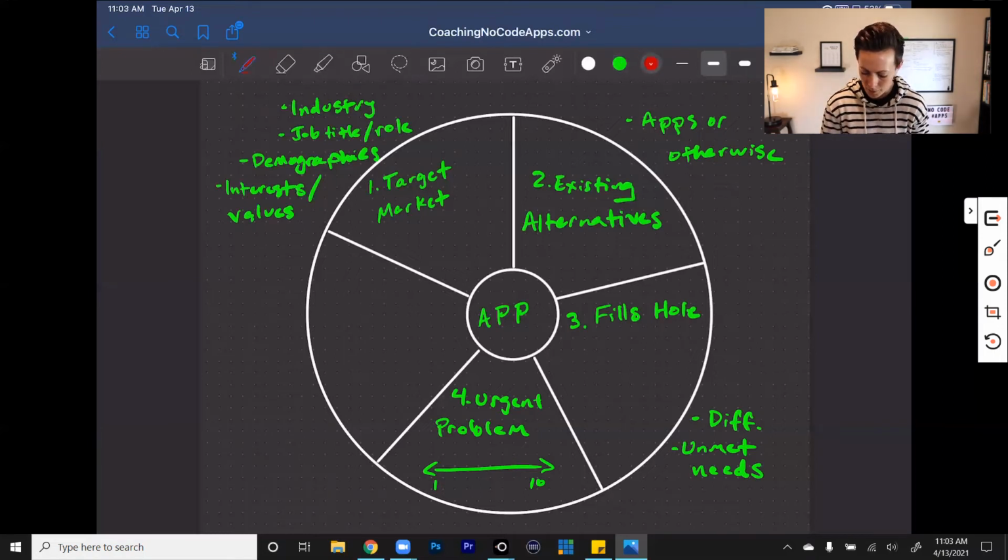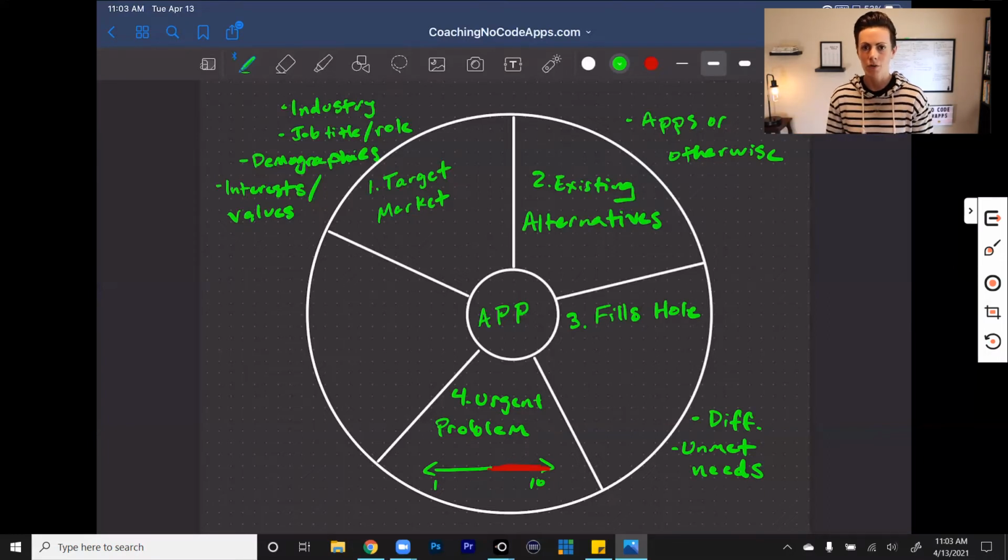The higher up you are, right, on this spectrum, or the farther to the right rather, the more validation you have. Now, that's not to say that an app on the left side doesn't have validation, but we're looking at validation in the sense that you can feel comfortable or more comfortable and confident moving forward with your product and building the product and actually getting it out there.